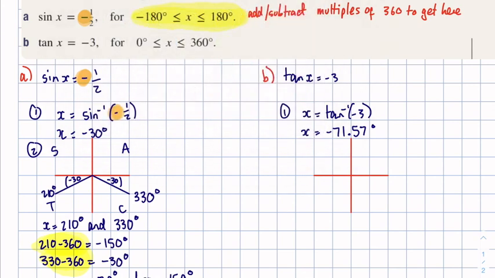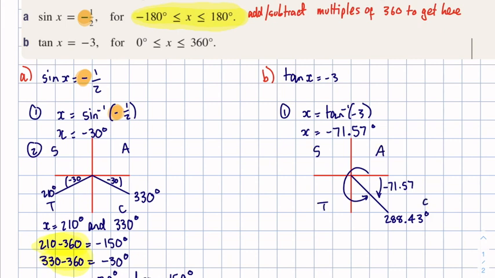So -71.57 is down here, which makes it 288.43 degrees.